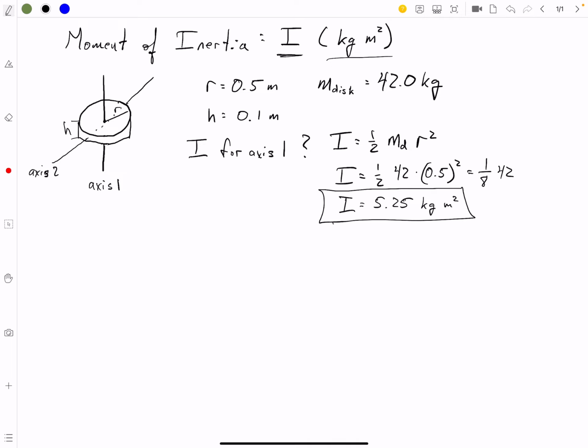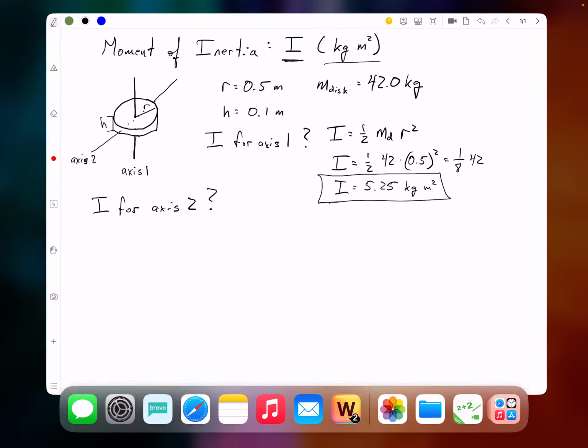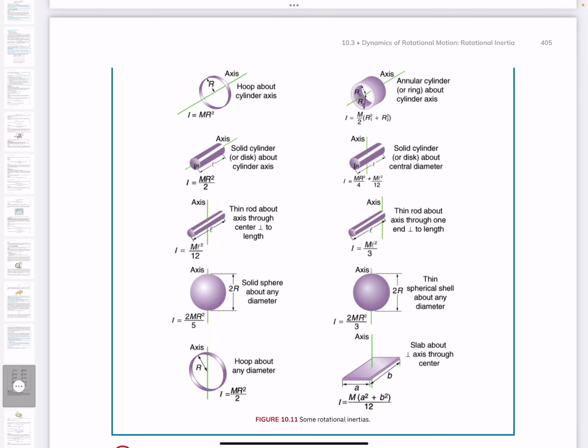Okay. So what about axis 2? I for axis 2. So the moment of inertia for our disk on axis 2, we have to go back to our little drawing board. Go back to the graph here. Which one of these is the axis that we're doing?